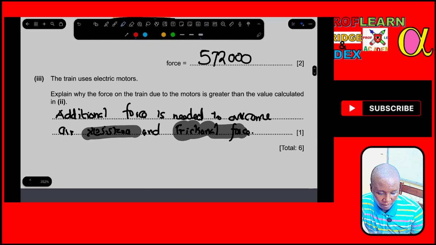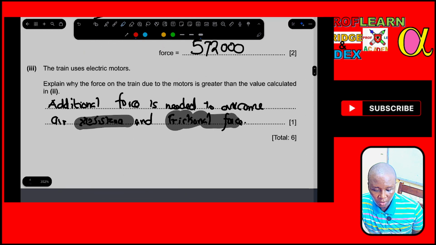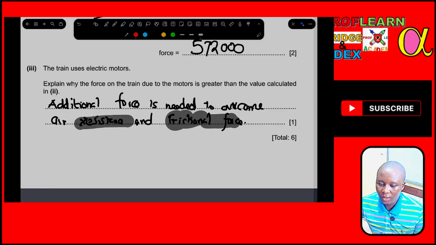And that is it. Explain why the force on the train due to the motor should be greater. The motor is the one that usually runs the train, and we are supposed to explain why the force due to the motor is greater than the value that is calculated. We need to remember that there is always friction, and there is air resistance. All these try to resist motion.